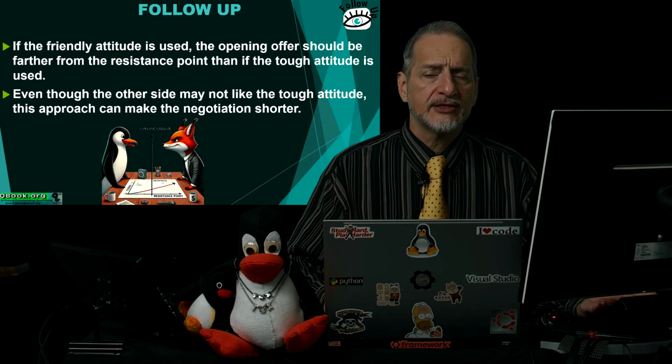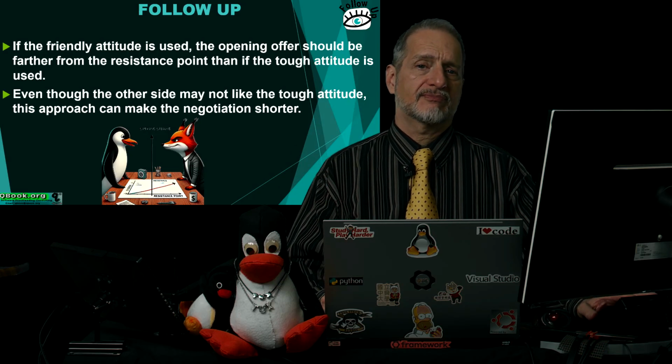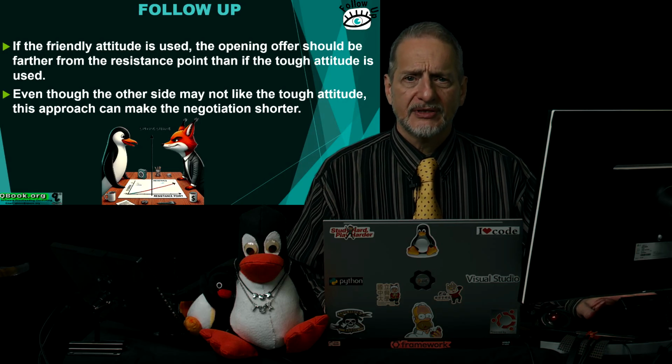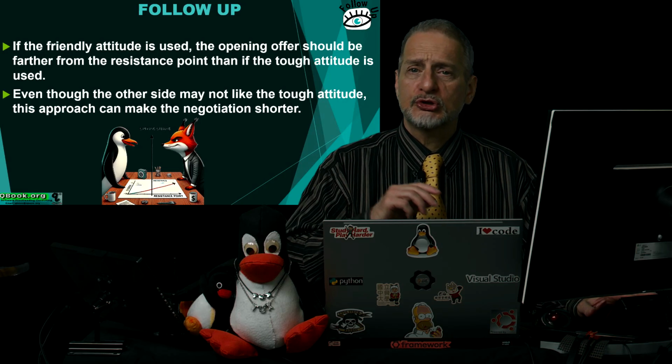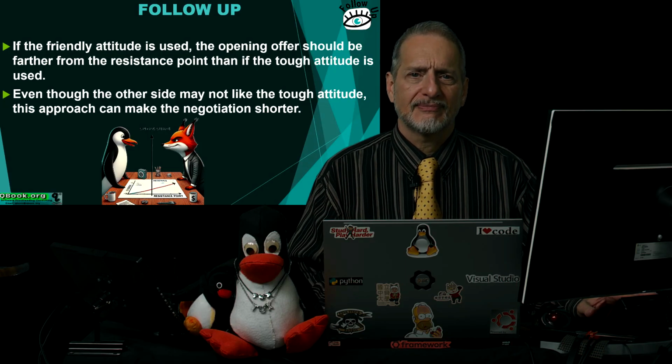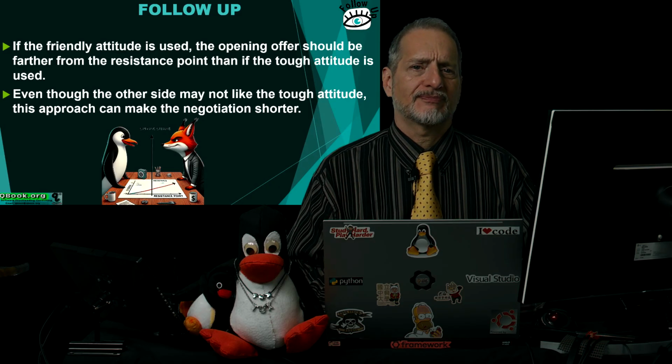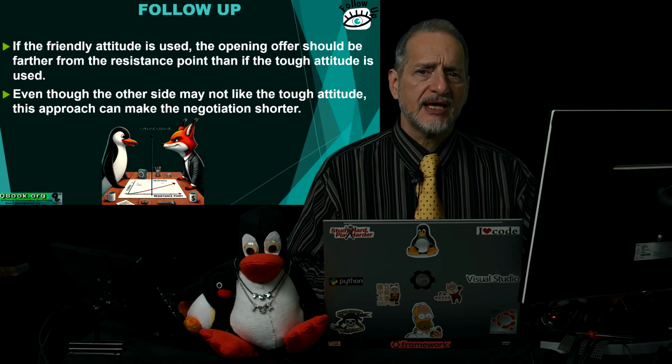A different way is to be tough. If you're going to be tough, that means you don't give up. You don't give up $1. You keep saying, this is my bottom line. I cannot give you any more.